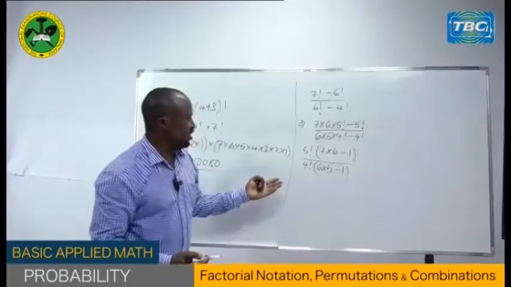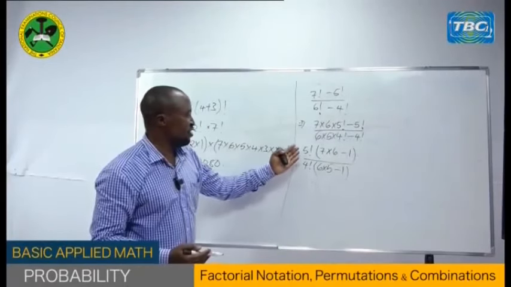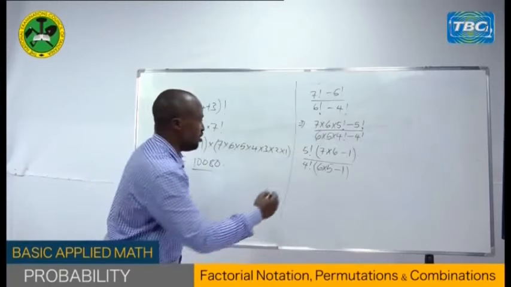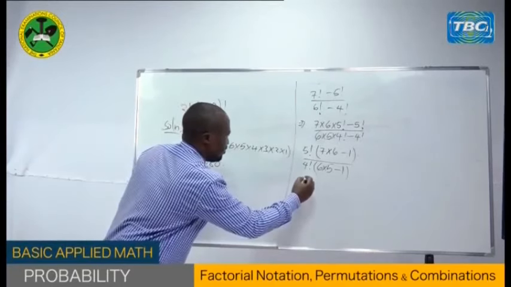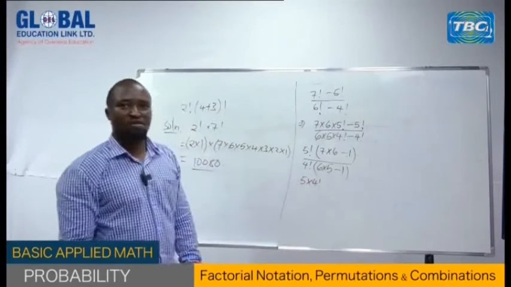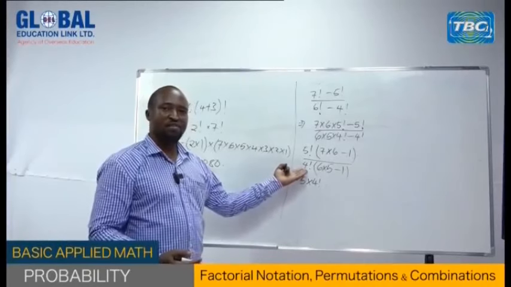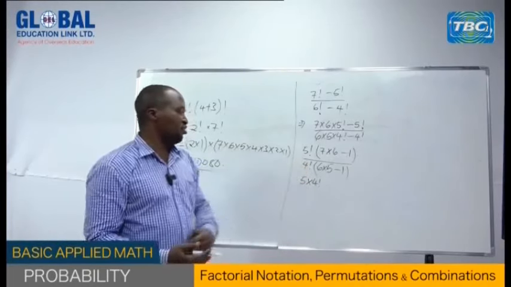Now, again, you can use factorial notation to simplify 5 factorial over 4 factorial, like that is 5 times 4 factorial. Now, why 4 factorial? Because remember, in our denominator side, we have 4 factorial.